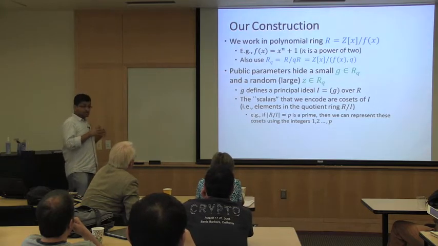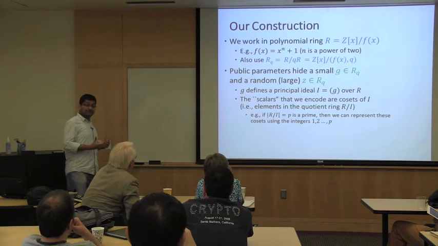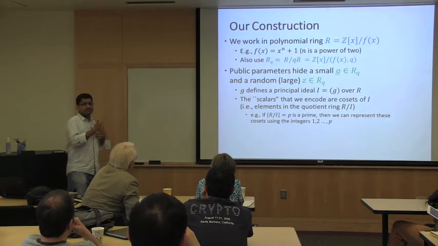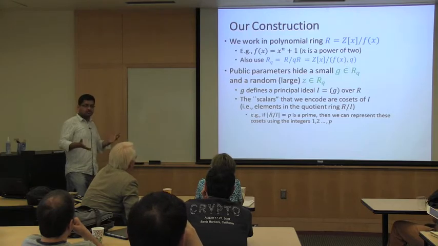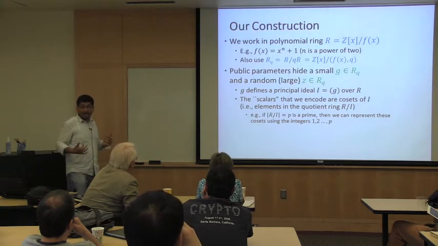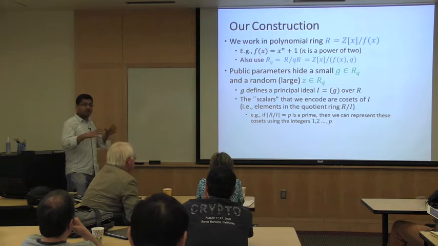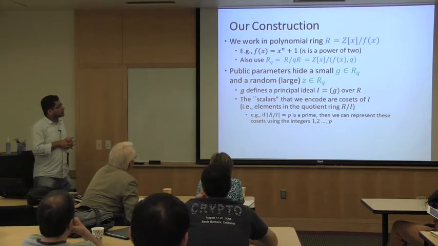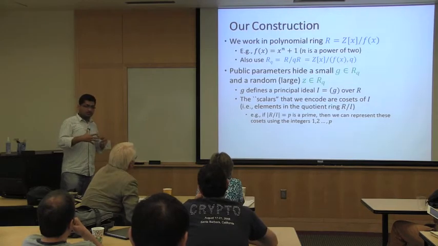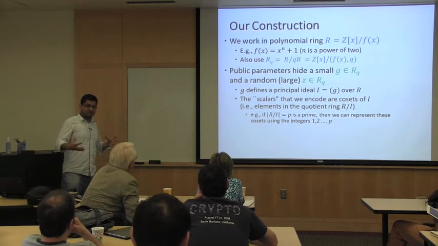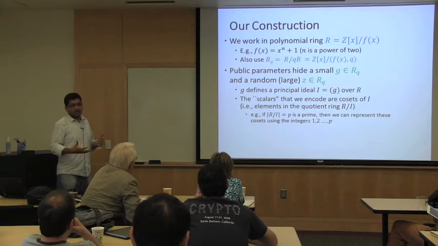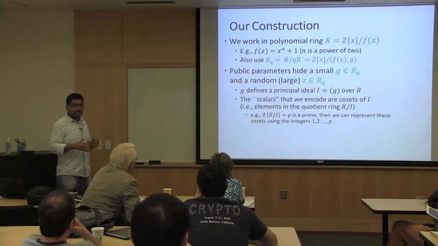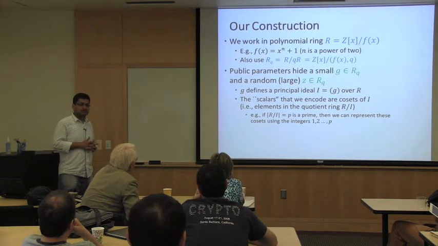So I, with the small representation, is not public. We don't actually want to give out I. There's no need to give out I. Our scheme is going to be such that we will hide I. You could figure out elements within this ideal, but they would have coefficients which would be large, not small.